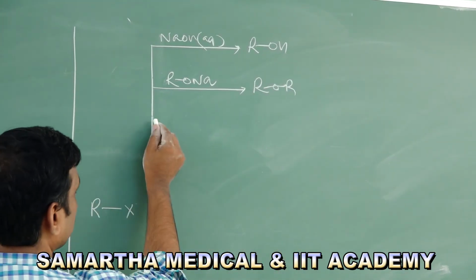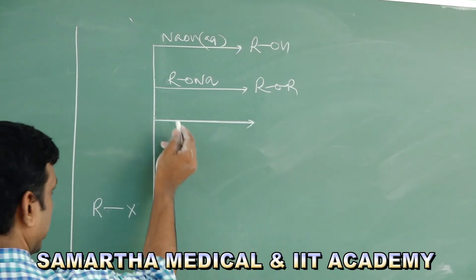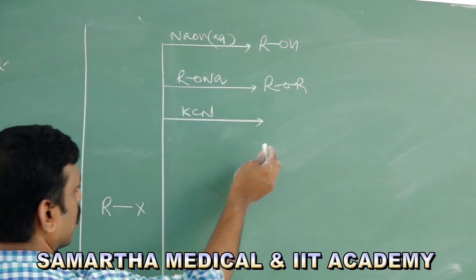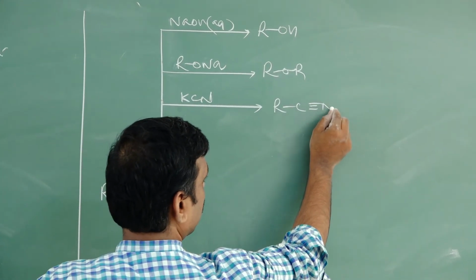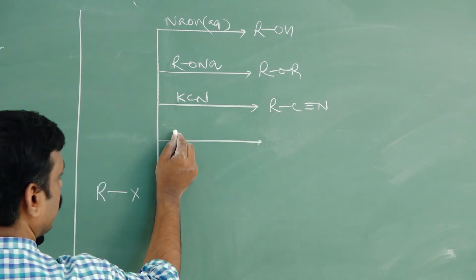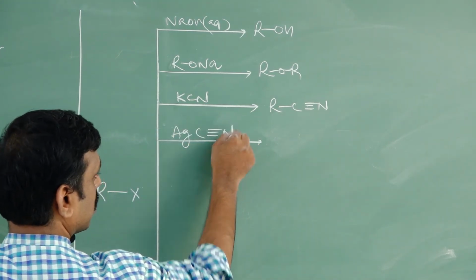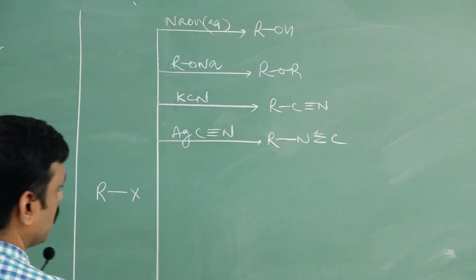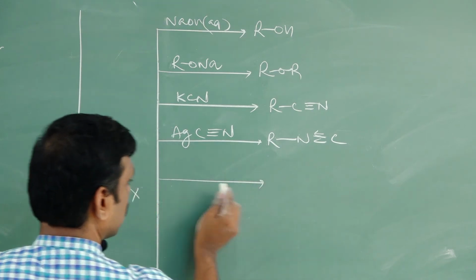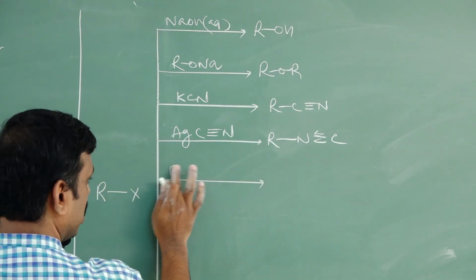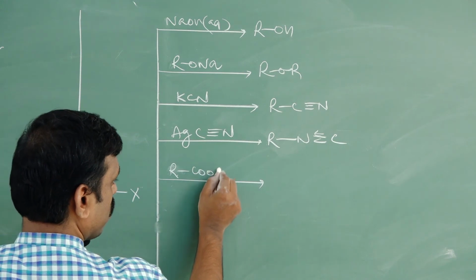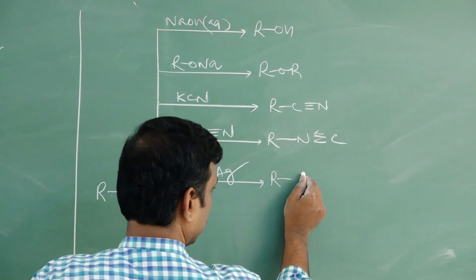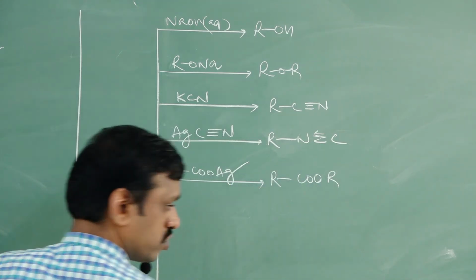Ethers are the product. Next, third one, reaction with, come on, tell me, potassium cyanide. What do you get? RC triple bond N. Next, reaction with silver cyanide. What is the product? R N triple bond C. Next, reaction with silver salt of carboxylic acid, RCOOAg. Only the product is important, students.